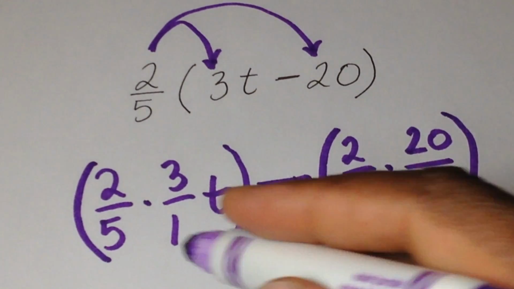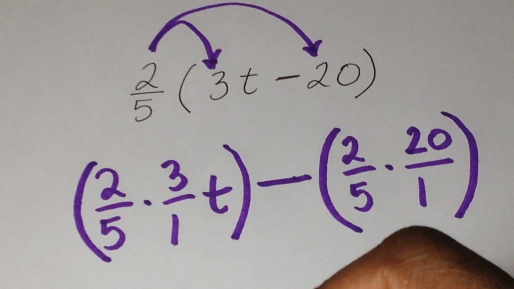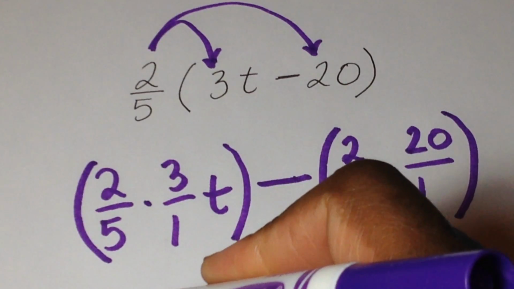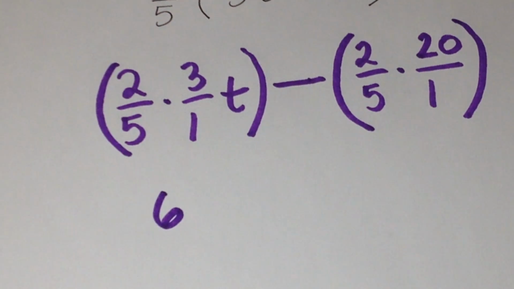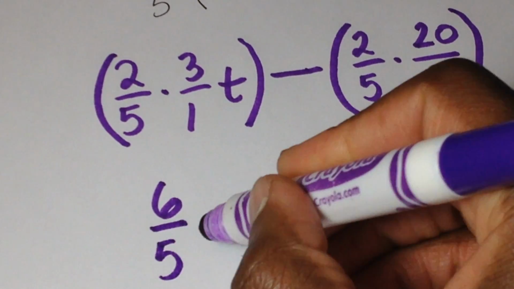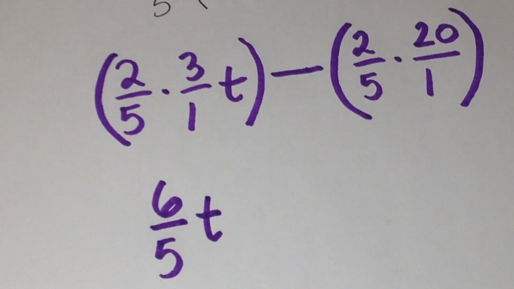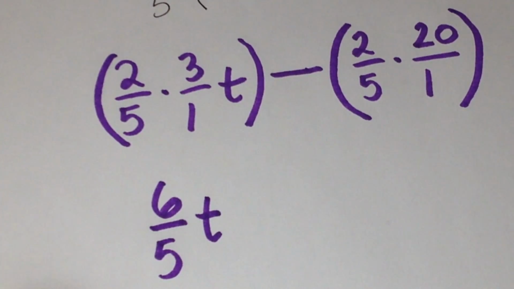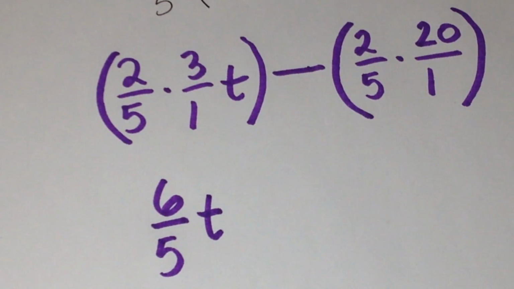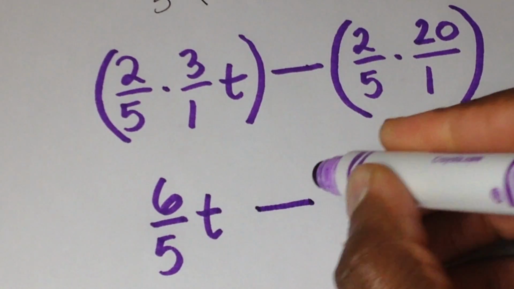And so now let's do the math in the first set of parentheses. It's going to be 2 times 3 is 6, and 5 times 1 is 5. So you're going to have 6 over 5, t. If you take a look, that can't be simplified. We can turn it to a mixed number, but it's okay if you leave it as an improper fraction. That's fine too. And now we're going to have, again, a big minus sign.